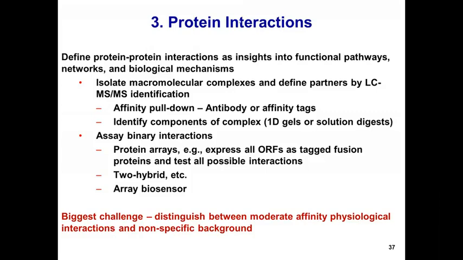There are a number of binary interaction analyses. One is protein arrays. Another is the two-hybrid approach. Some newer techniques include biosensors in an array format where one can interrogate large numbers of proteins.